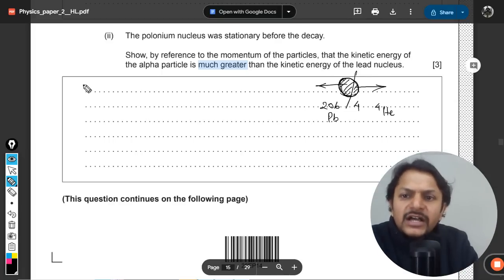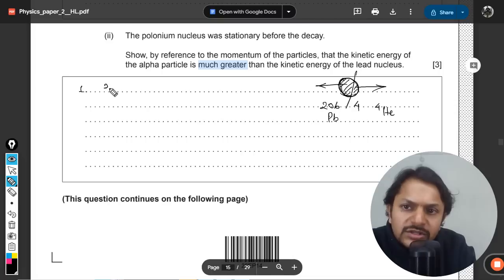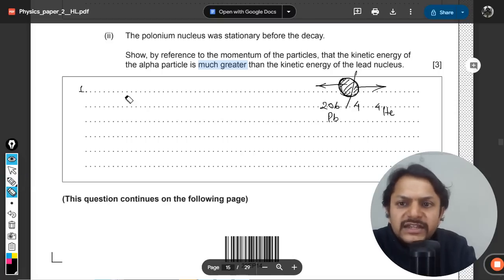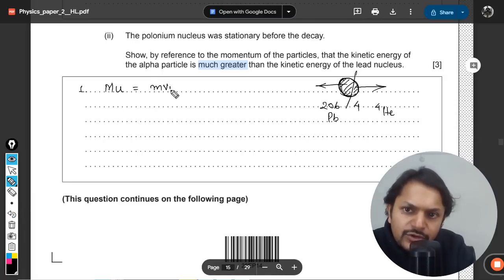Anyways, so we will first apply the conservation of linear momentum principle. So the mass of the polonium is 210, but its velocity is zero. This is what I am doing: M into U. Initial momentum is m into V1 plus m into V2.